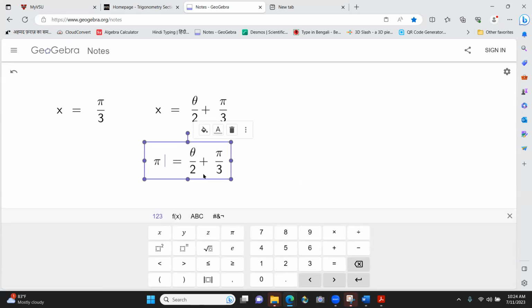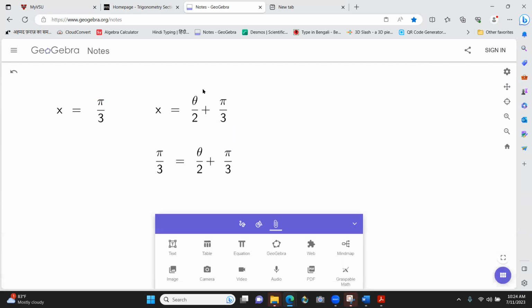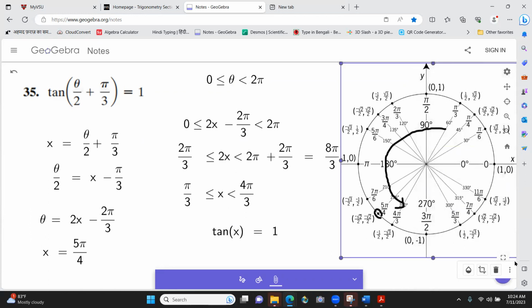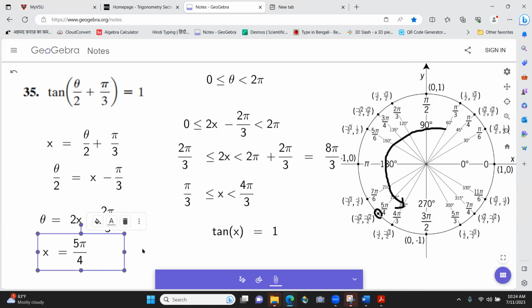Pi over 3. X is pi over 3. All right. Let's see what's going on. Okay, it's pi over 3.